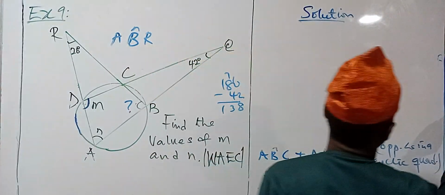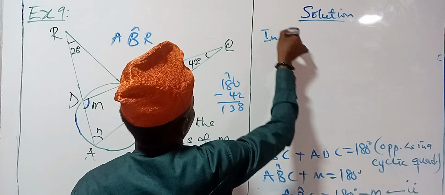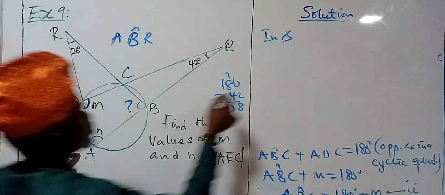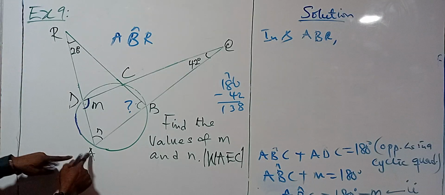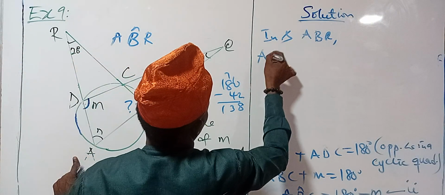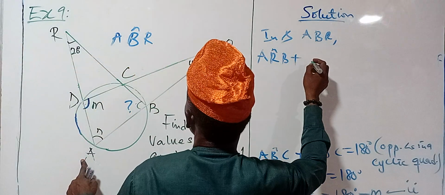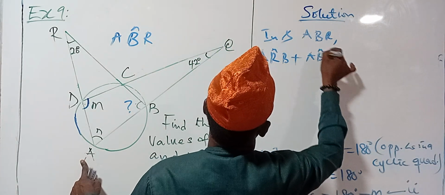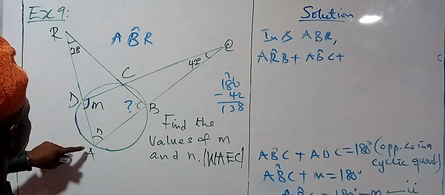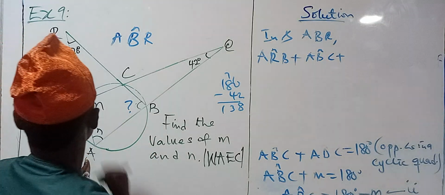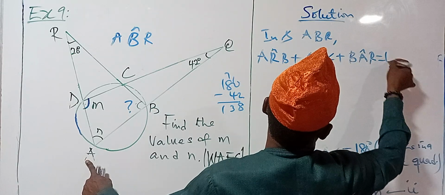The second triangle is ABR. We have angle ARB plus angle ABR plus angle BAR equals 180 degrees.